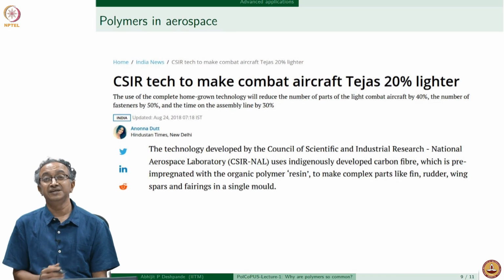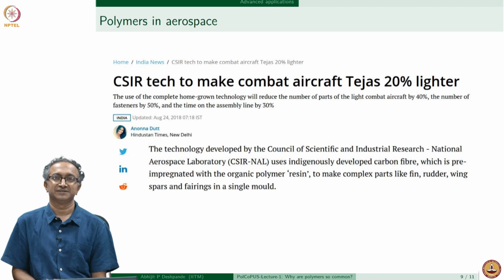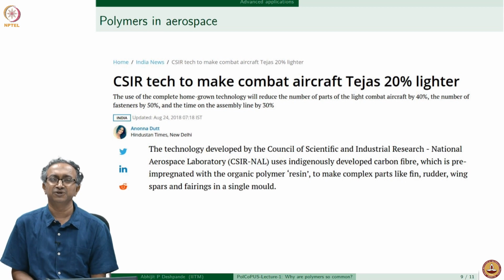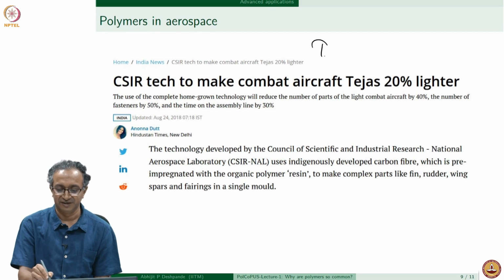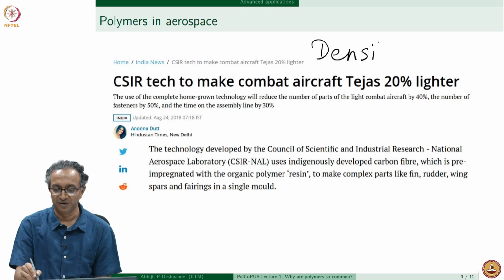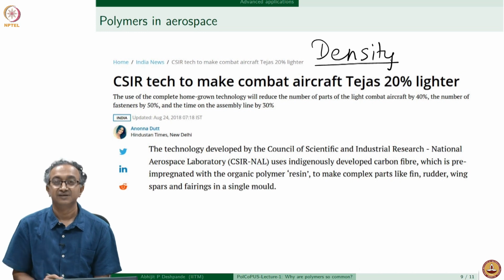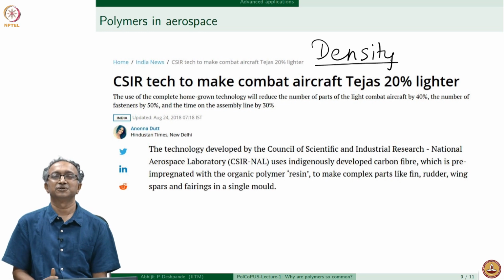And of course, one key area where polymers get used all the time is aerospace. Can you think of why this is the case? There is one big reason that you can note down: density of the material. Whenever you are making materials fly, you want them to be as light as possible.